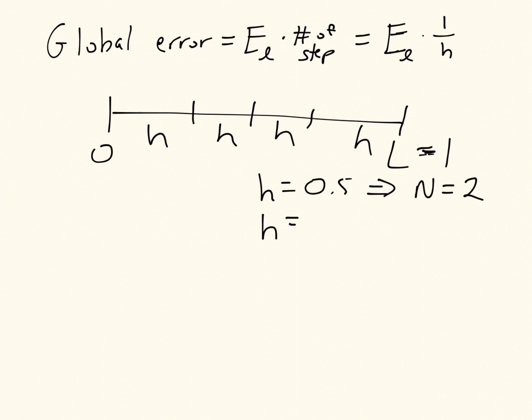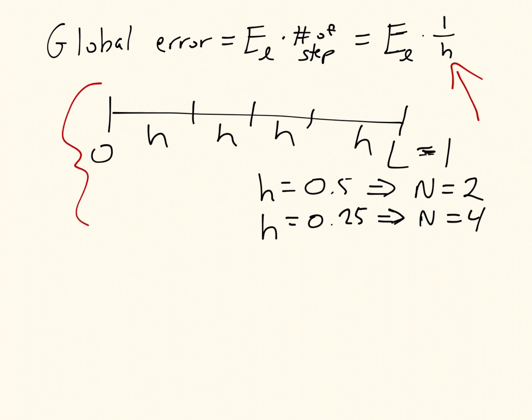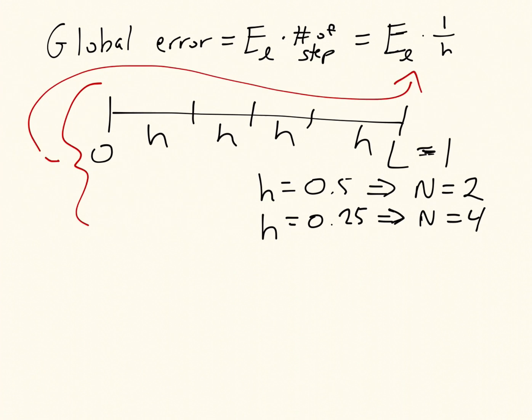If h is equal to a quarter, then the number of steps is equal to 4. So this little example shows the relationship I wrote up here. So now we know that the global error is the local error times 1 over h.